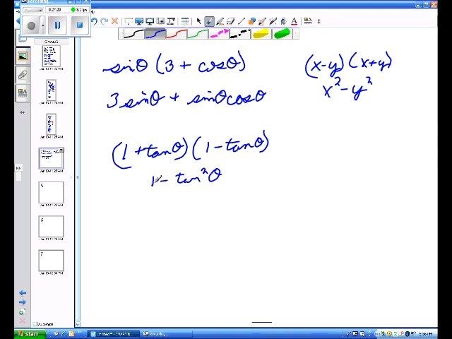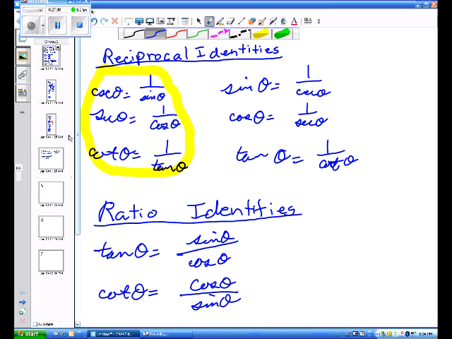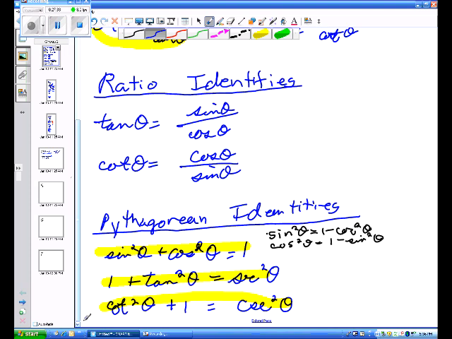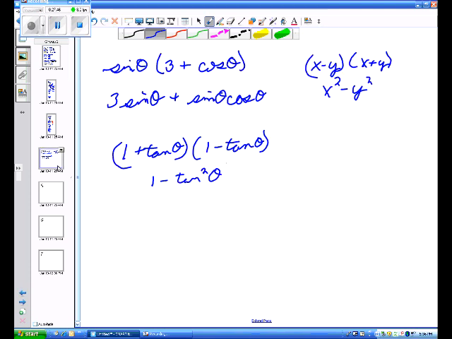Now again, anytime I see a 1 and a function squared, I always go back and think about my Pythagorean identities. We have our Pythagorean identity, which actually says 1 plus tangent squared equals secant squared. Well, there's no way to make a 1 plus tangent squared into 1 minus tangent squared. So here we can't do any more simplifying. That would be our final answer.